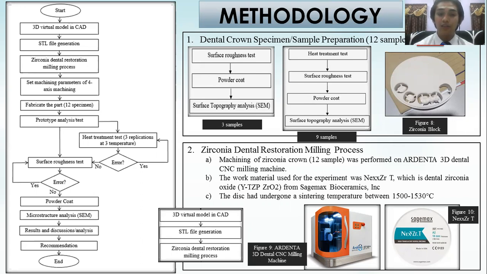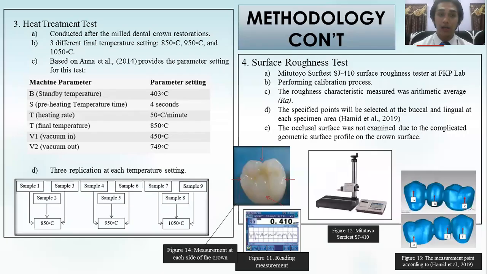For your information, after we purchased these zirconia blocks, as shown in figure 10, Sage Matte Bioceramic gave us a few sample files for crown and bridge restorations. So we just need to select one of the samples provided for my study.